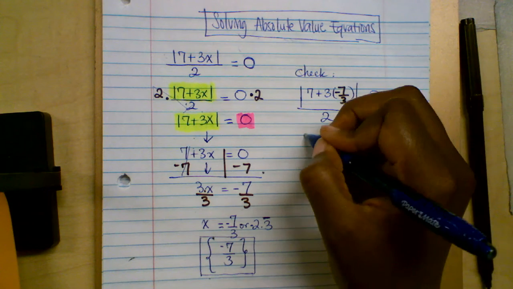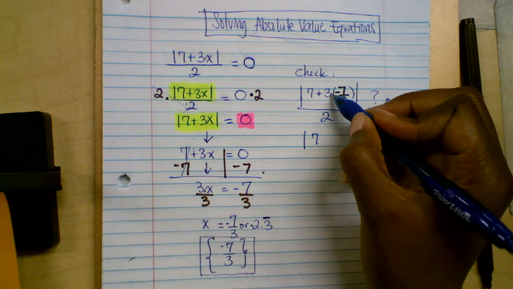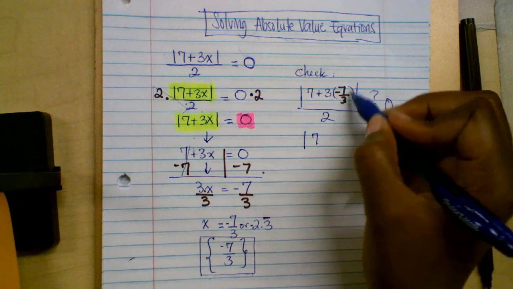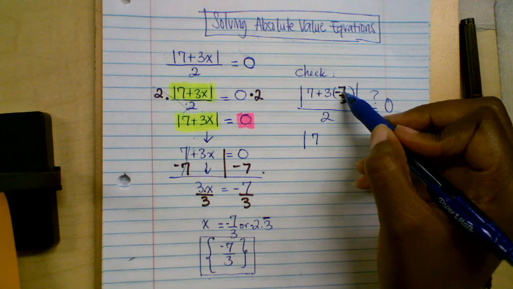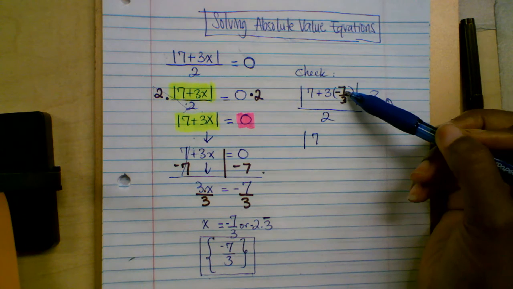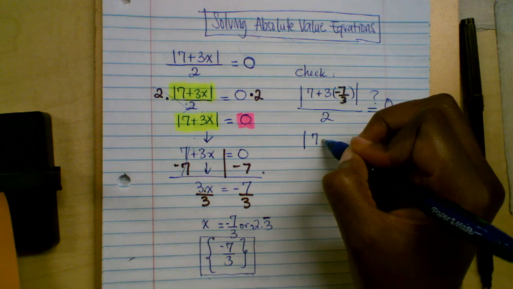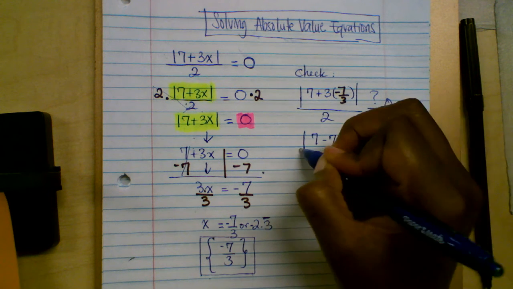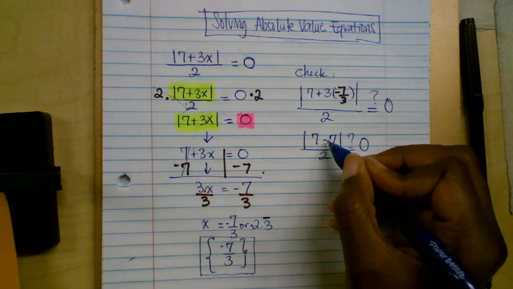Let's find out. 7 plus 3 times negative 7 over 3. The positive times the negative is negative. 3 times 7 is 21, and 21 divided by 3 is 7. So it's going to give me negative 7. And negative 7 plus 7 is 0.